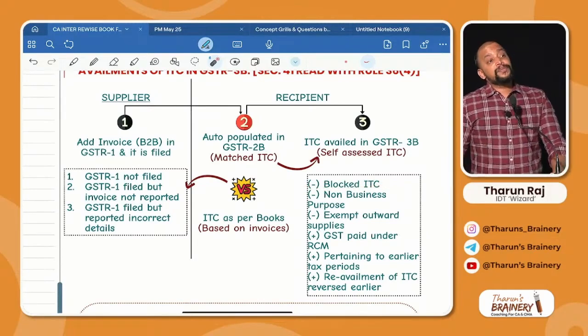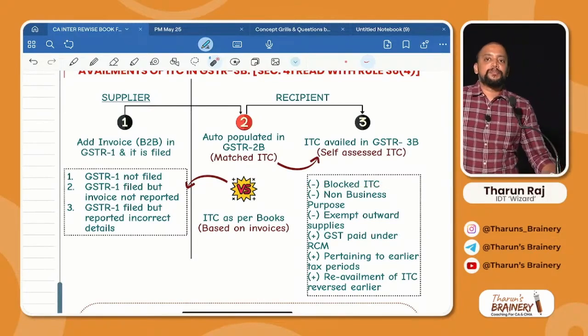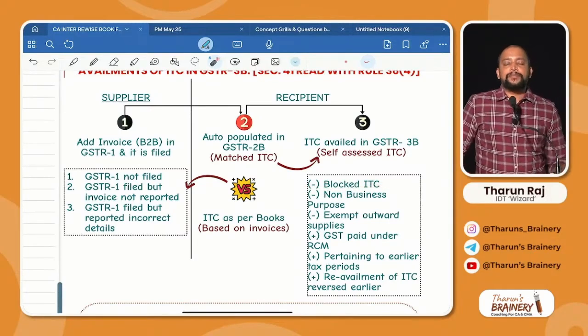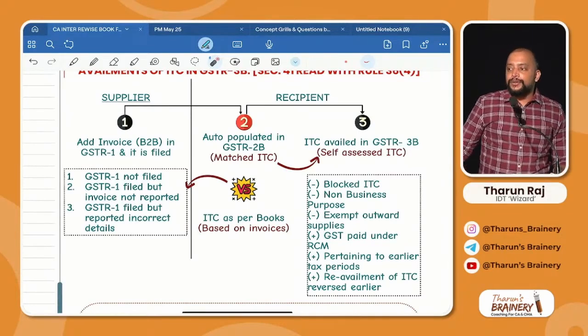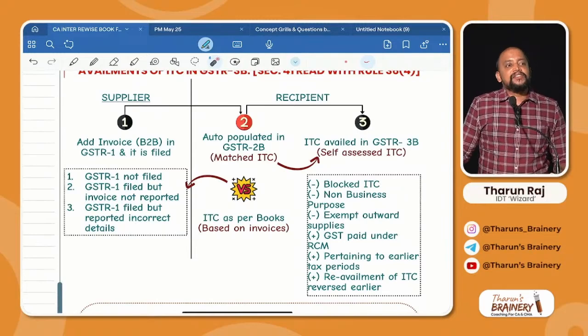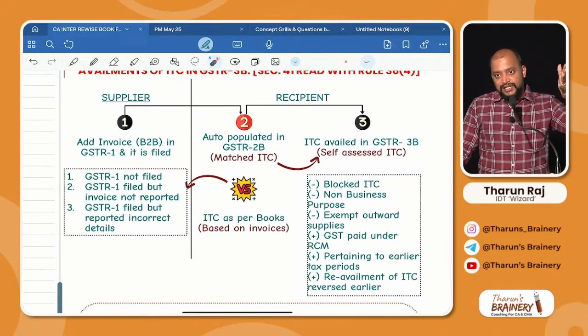Then non-business purpose. Non-business purpose means personal purpose. Many of my relatives know my GSTIN. So they will buy something and give my GSTIN when they purchase it.